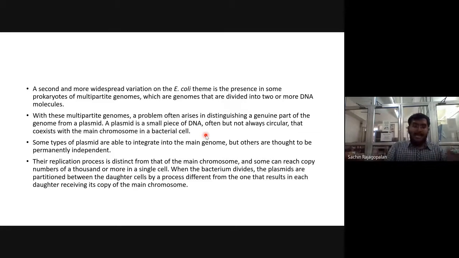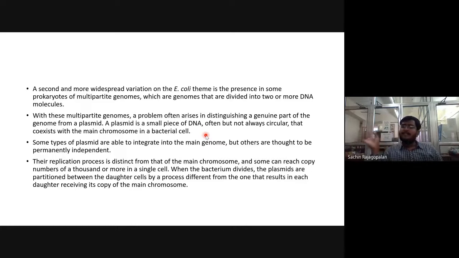In a multipartite genome, it's not a plasmid, it is the exact one genome which is present as 2 or more molecules. A plasmid is a very small piece of DNA, but in a multipartite genome वो sequences बड़े बड़े होंगे. Plasmid तो बहुत छोटू सा होता है.